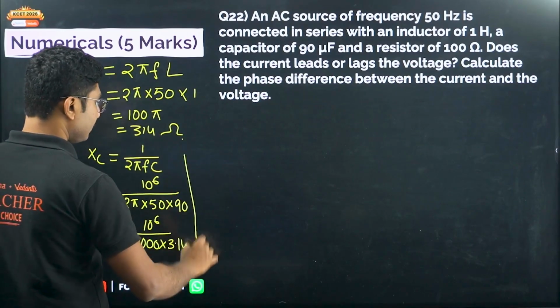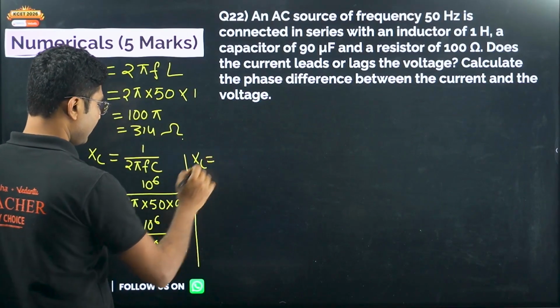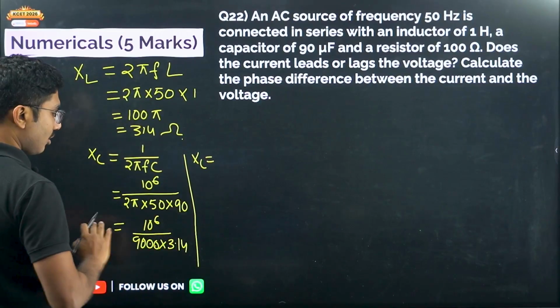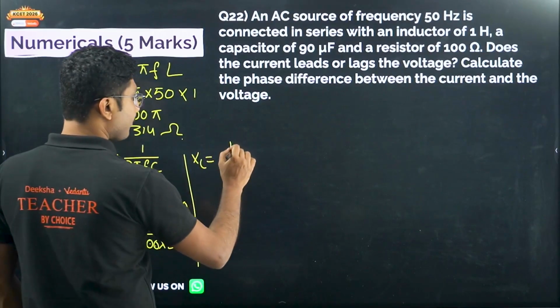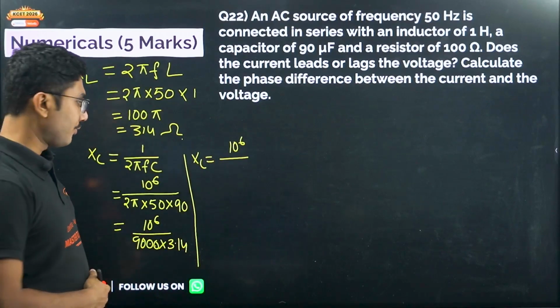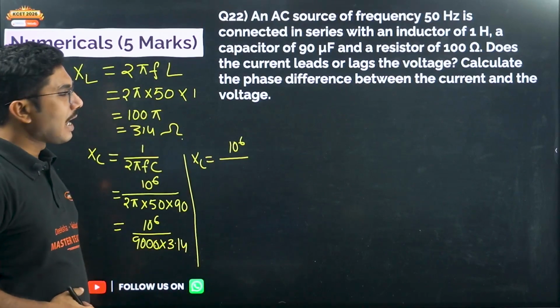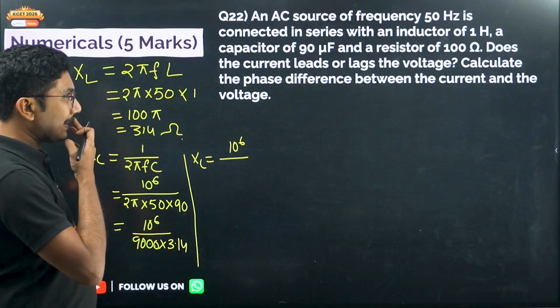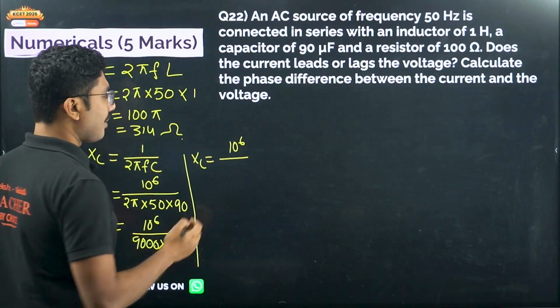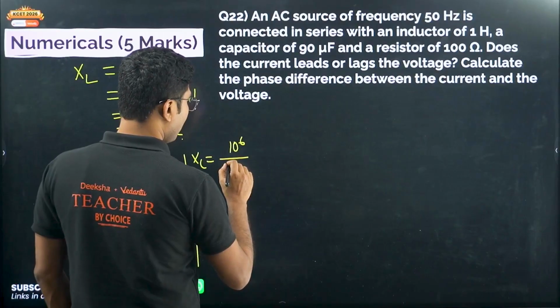So Xc becomes, 3 zeros are gone, and you get 10 to the power of 6 divided by 9 into 3.14, which will be 27.28 approximately.